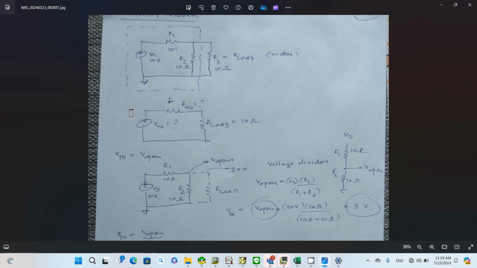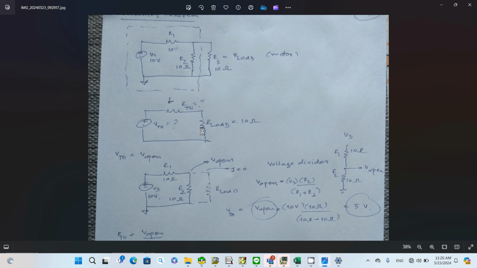What you're looking for is a simple circuit, you want to simplify the circuit. You want to represent the source by only one voltage source and only one resistor. So we put VTH and RTH. They are all in series with the load.